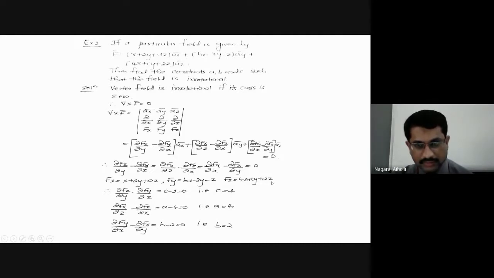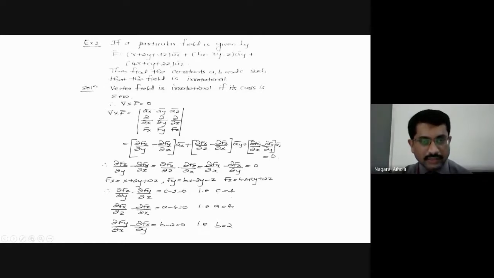X and z are constants, they will become 0. Then differentiate fy with respect to z, we get minus 1. Bx and 3y are constants, they will become 0. Hence c minus 1 equal to 0, or c is equal to 1.